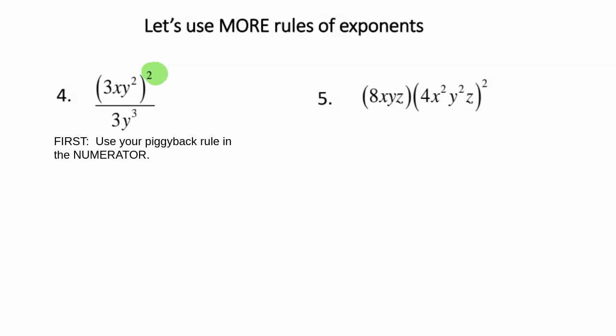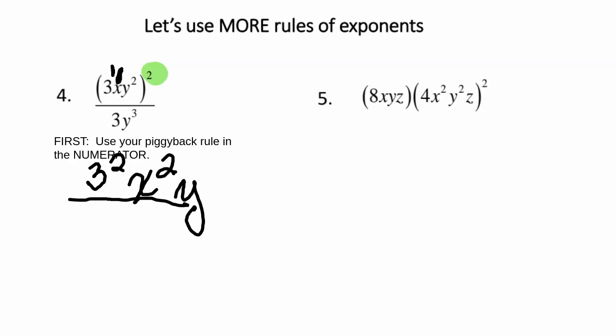That 2 is saying that I'm taking the exponent of 3 inside the parentheses and I'm going 3 squared. X has got a power of 1, which is x squared, but y, 2 times 2 is 4. Now I'm going to put 3y cubed at the bottom.